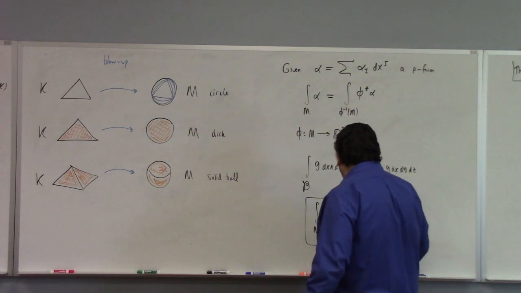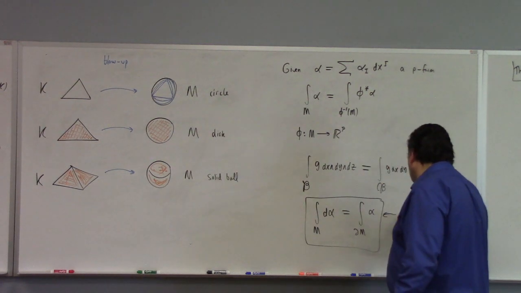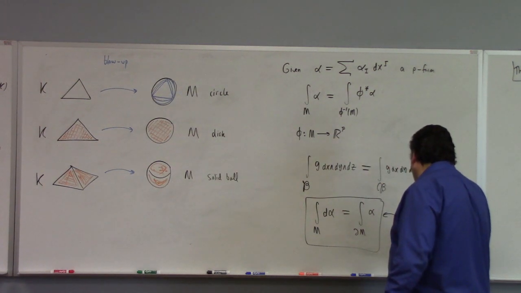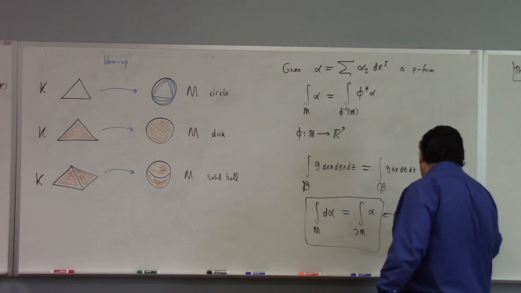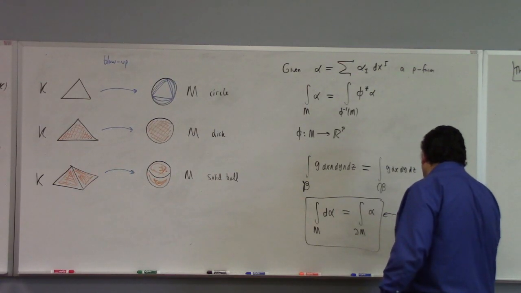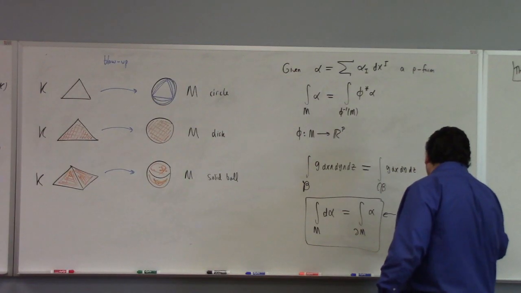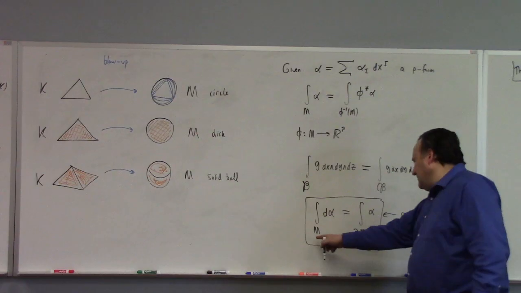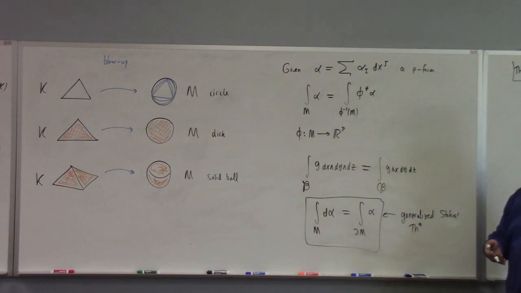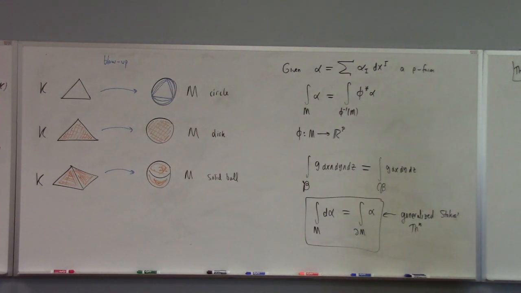And the proof of this so-called generalized Stokes theorem will be greatly aided by our discussion today, because essentially the issue here is, what do we mean by boundary of a manifold? Well, I think maybe you can start to see how we would define that.